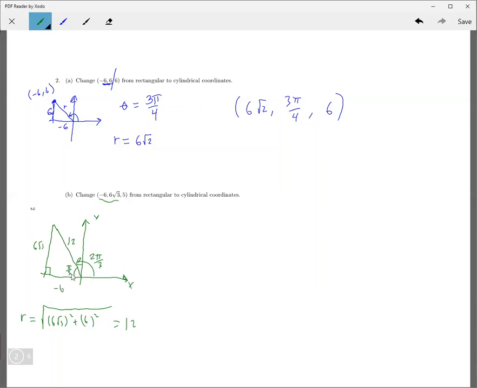So this is 60 degrees, that's 30 degrees, or pi over 3 and pi over 6. So there's your theta right there. And then your z is still going to be 5, so 12, 2 pi over 3, and 5. Should be the correct answer.